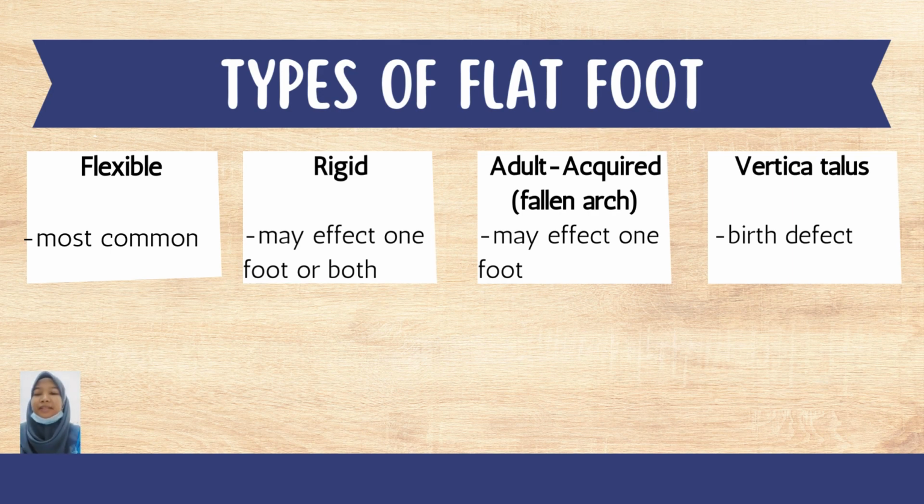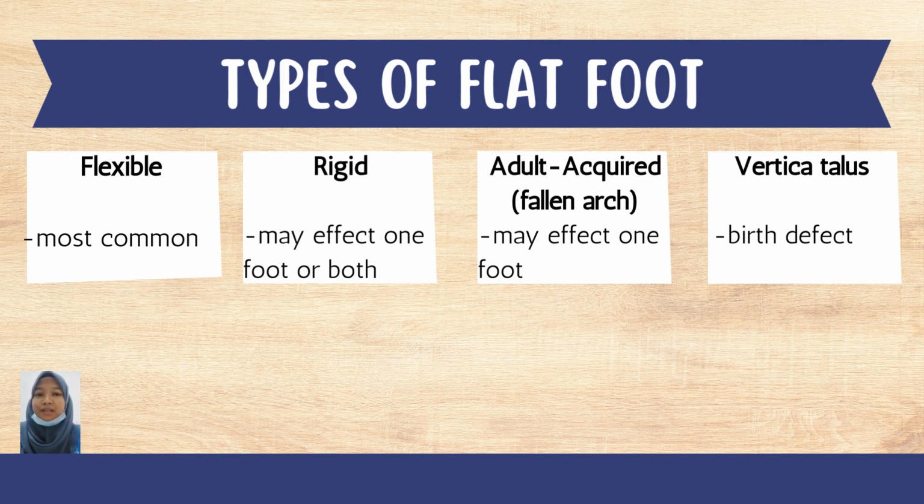And the third one is adult acquired or fallen arch, where the foot arch unexpectedly drops or collapses. The fallen arch causes the foot to turn outward and can be painful, and this problem may affect only one foot.